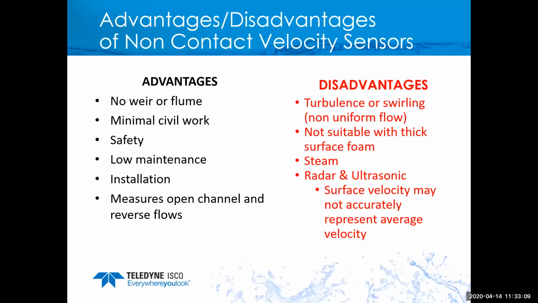Steam can also have an effect on the ultrasonic signal. Now, with the radar and ultrasonic sensors, the surface velocity may not accurately represent the velocity, especially if it's an outdoor application where the surface is actually being affected by the wind. That could give you an inaccurate velocity reading.